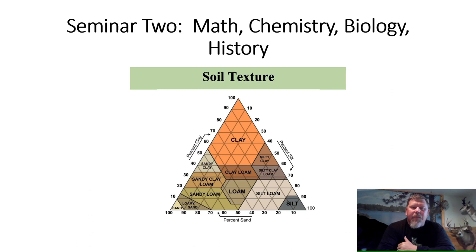So we're going to dive in a little bit farther, and we're going to talk about the soil structure, get into that and what's in the soil, and continue on through.